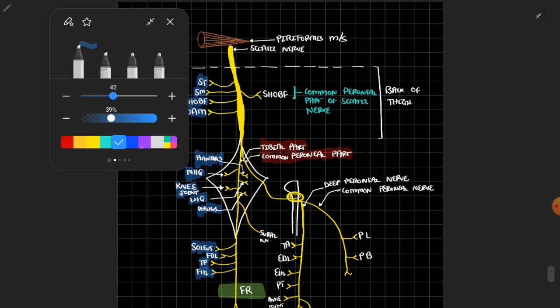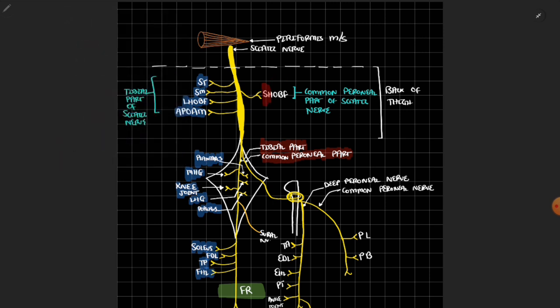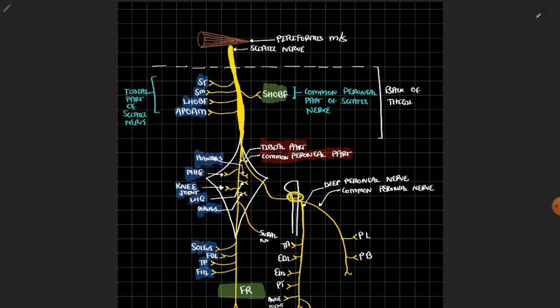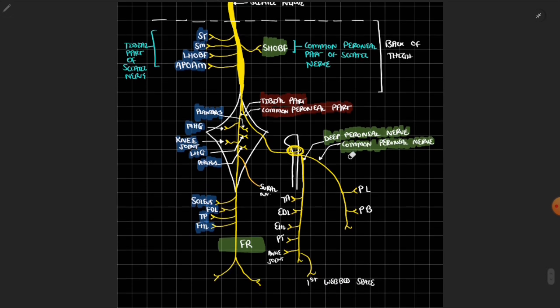These are the tibial part of the sciatic nerve, and let me give a different shade to the common peroneal part. Just a second, I have made a mistake. This is the superficial peroneal nerve, sorry for that. The common peroneal divides into the superficial peroneal and the deep peroneal.